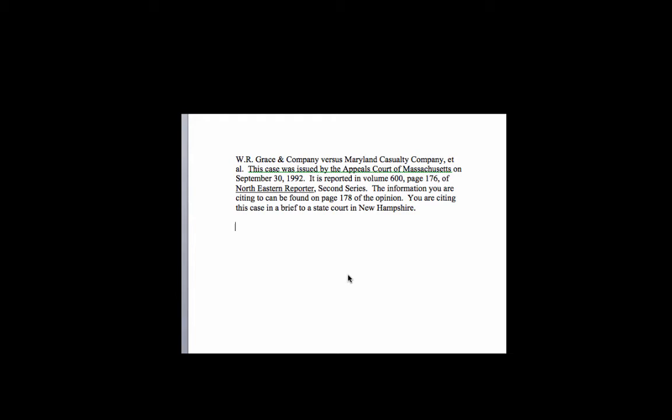Okay, so the first thing that you need to decide is if there's anything that's extraneous or you don't necessarily need. And in this case, we have something that we don't necessarily need for the purposes of the legal writing class. So you're citing to this case in a brief to a state court in New Hampshire. We don't need that for our purposes in this class.